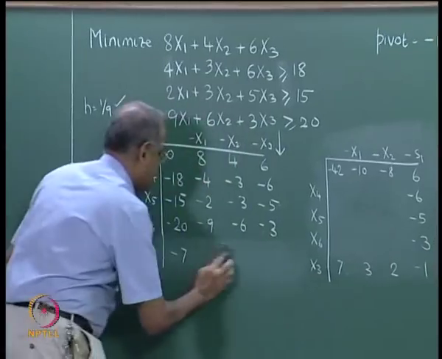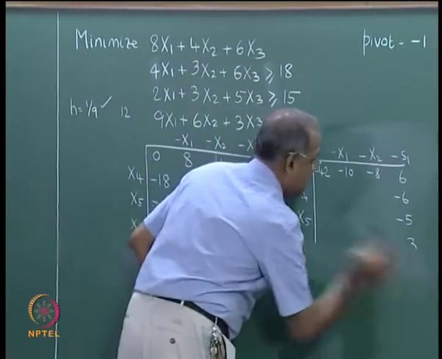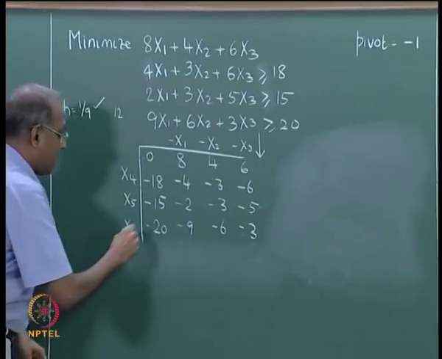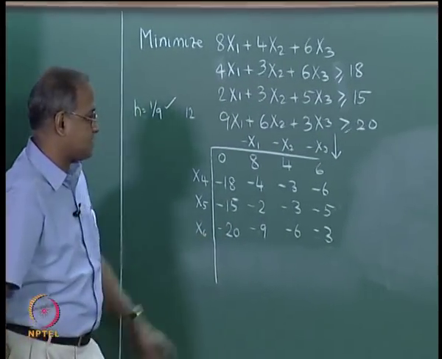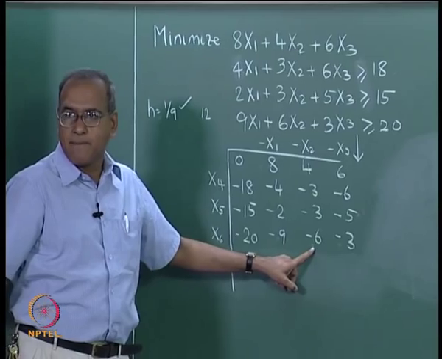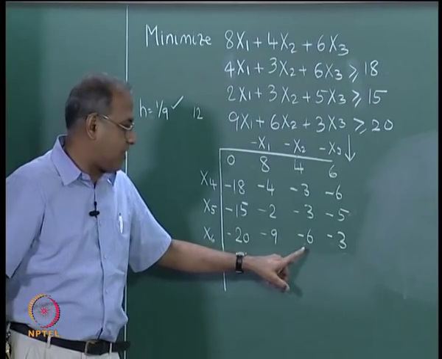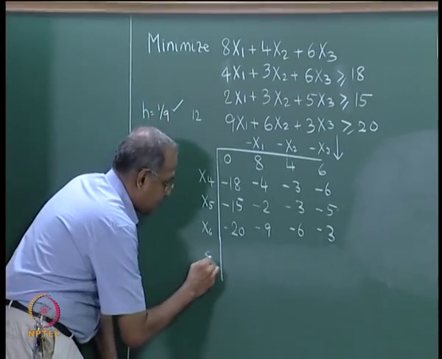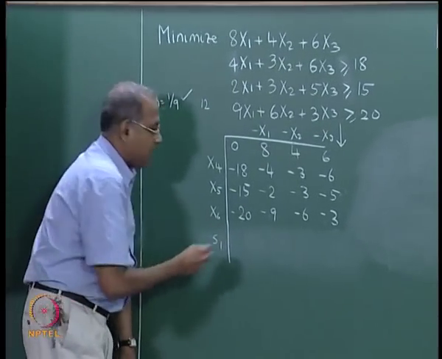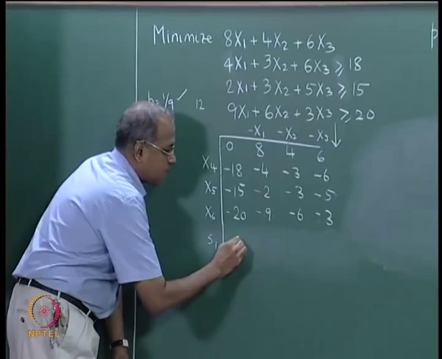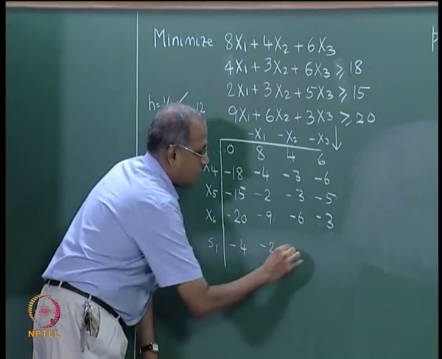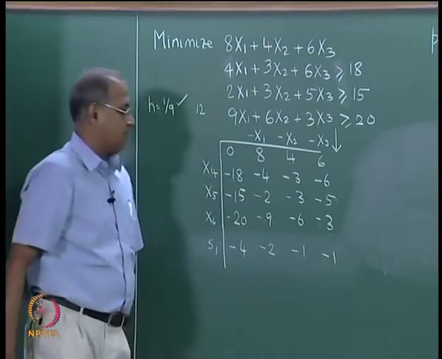The third and the last alternative is to try and pivot on 1 by 6. So, if we pivot on 1 by 6, the constraint or the cut will become 20 by 6 is minus 4, 9 by 6 is minus 2, minus 1, minus 1.